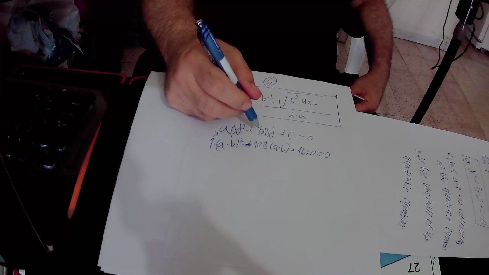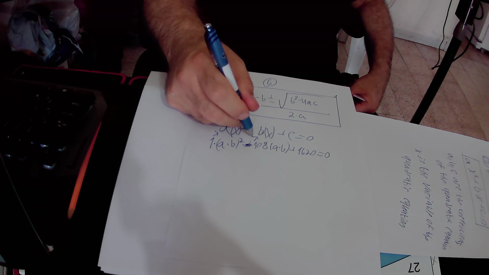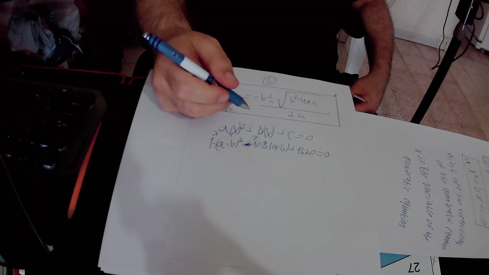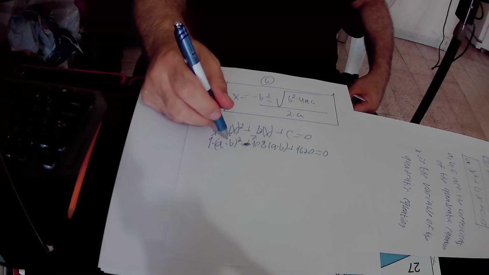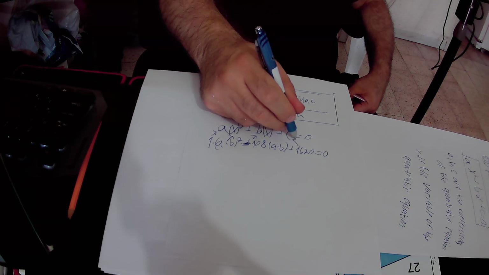The coefficient B equals negative 108, and actually x equals a times b, and c equals 1620.